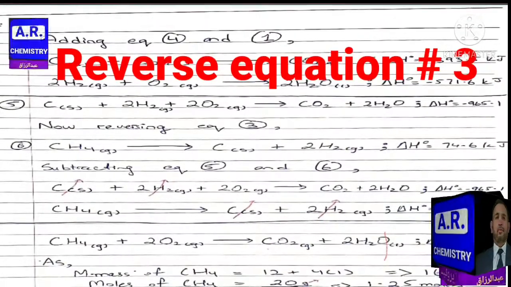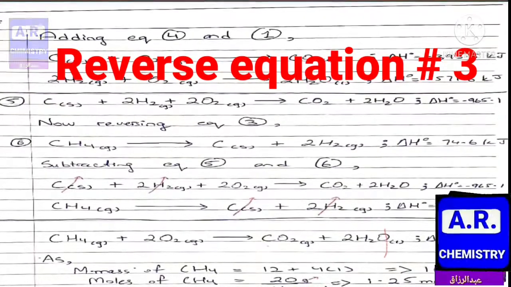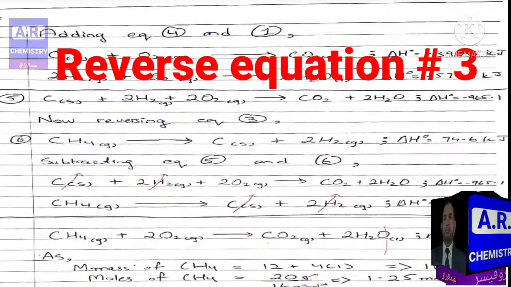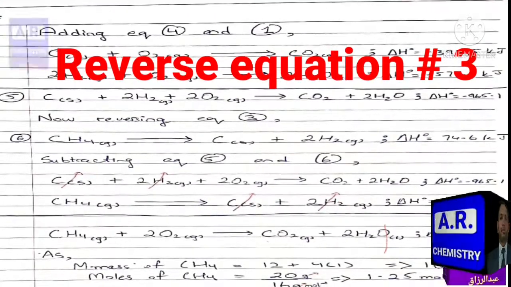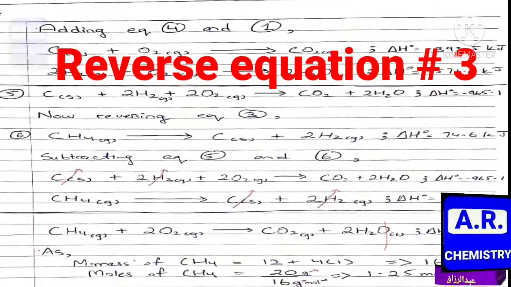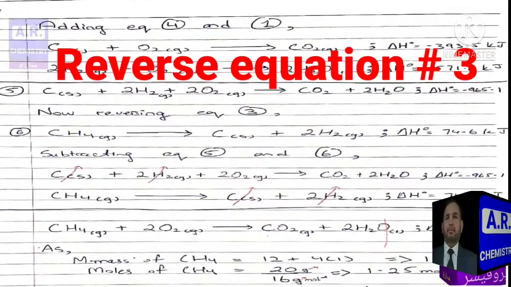Now you are to get methane on the reactant side. In order to get this, you are now reversing equation 3. Equation 3 is the enthalpy of formation of methane.